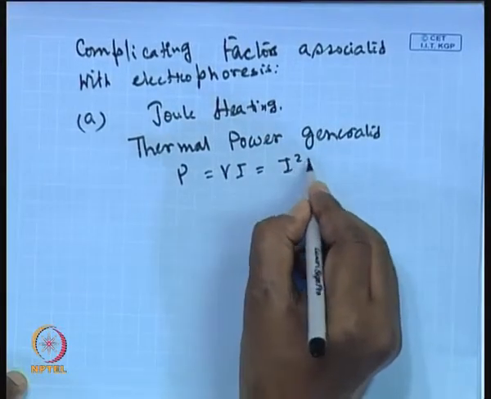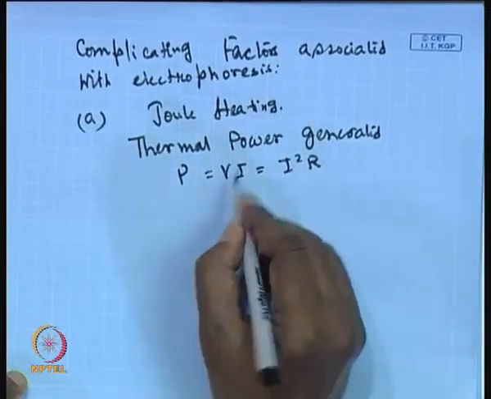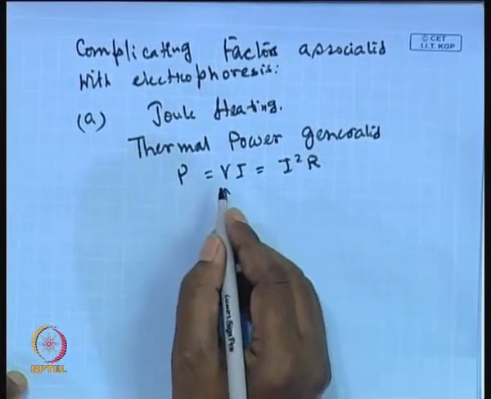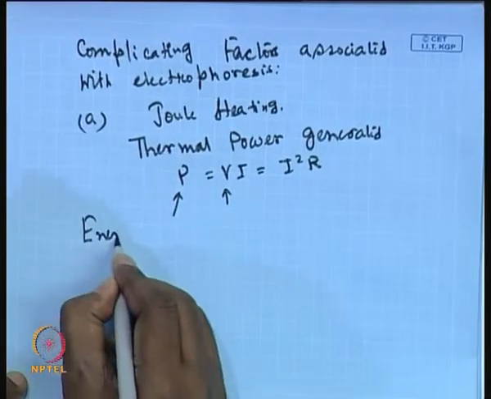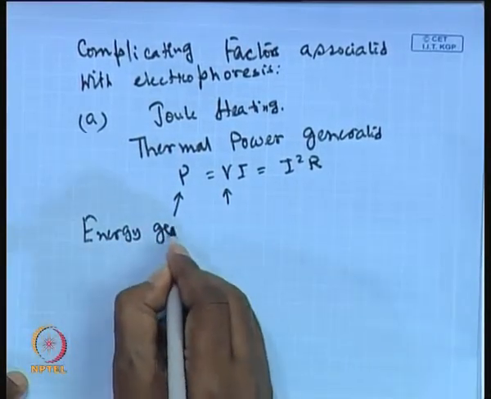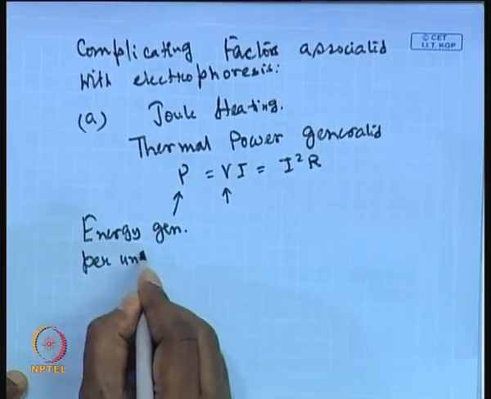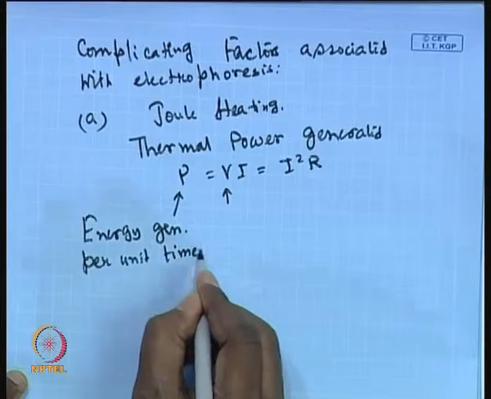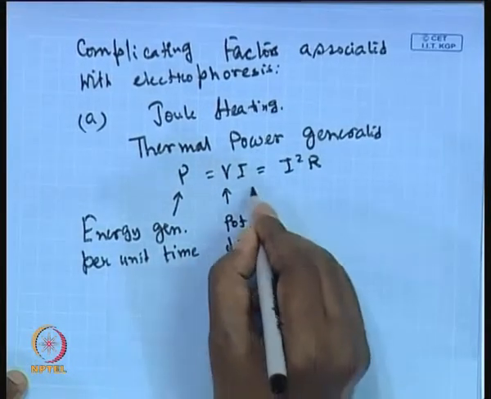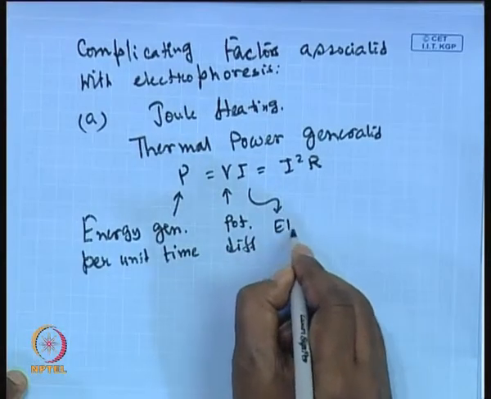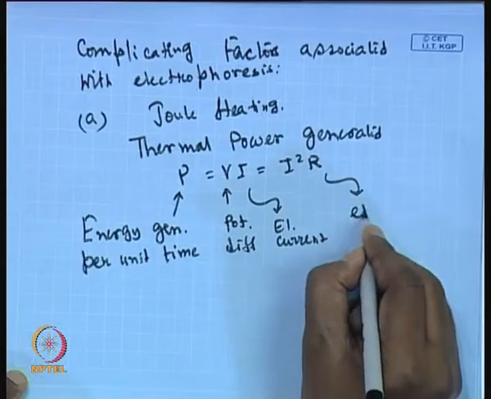So, it will be nothing but I square R, where R is the electrical resistance, V is the potential difference, P is the energy generated per unit time, that is the power, V is the electric potential difference, I is the electrical current, and R is the electrical resistance.